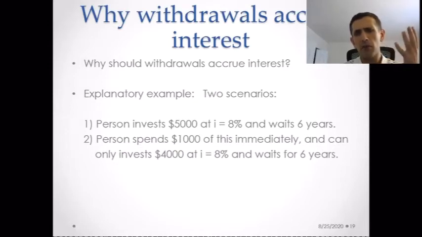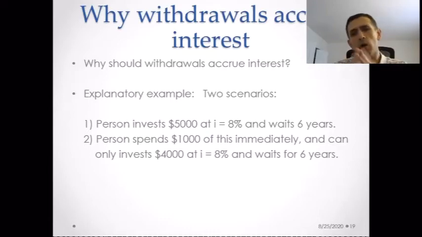And let's say a person essentially immediately makes a $1,000 withdrawal. So that's the effect of really only investing $4,000 at 8% and waiting 6 years. But I'm thinking, well, you initially invest $5,000 and immediately withdraw $1,000.